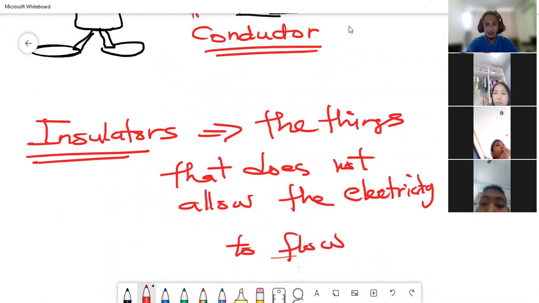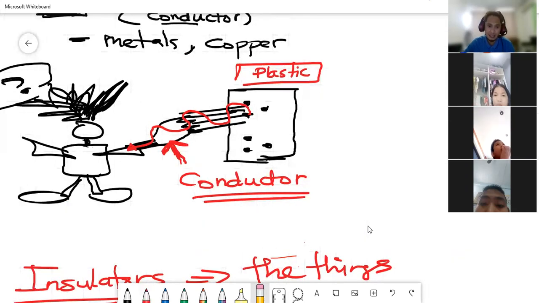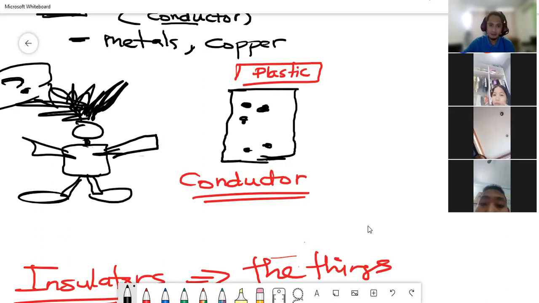if this is Narungrit again and holding a plastic, do not try this one at home. Do not try this at home. A plastic.